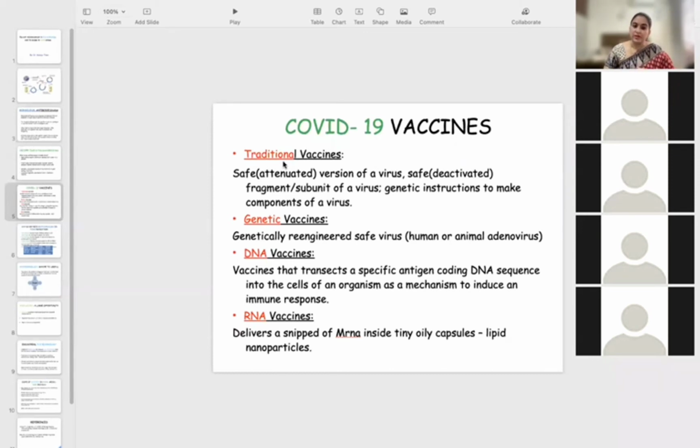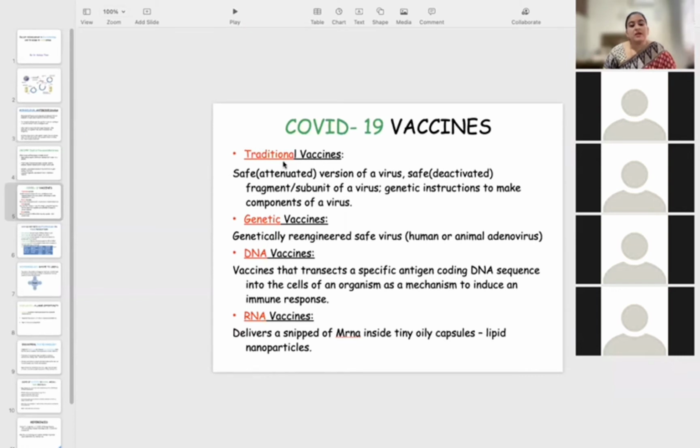Traditional vaccines used to carry a version or a short fragment of the virus, and that is attenuated. That means it is not live, and it is a deactivated fragment. But it carries all the genetic instructions present inside the component of the virus. So when they are injected inside our body, they are capable enough to evoke the immune response.